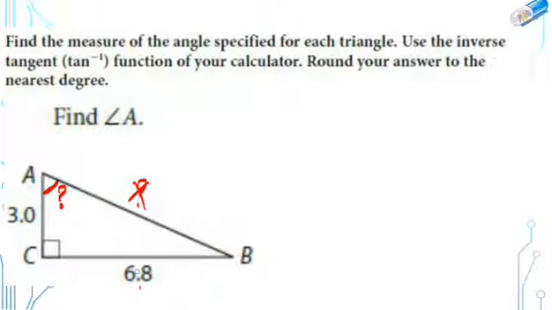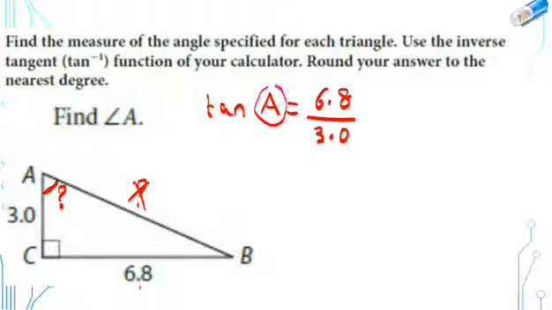I know that tan A is equal to 6.8 over 3.0, but I need to find out what is A. So to do this, I will write here measure of angle A equals tan inverse 6.8 over 3.0.